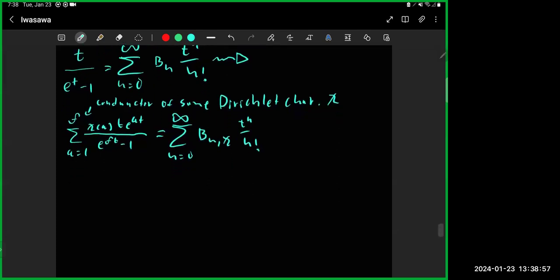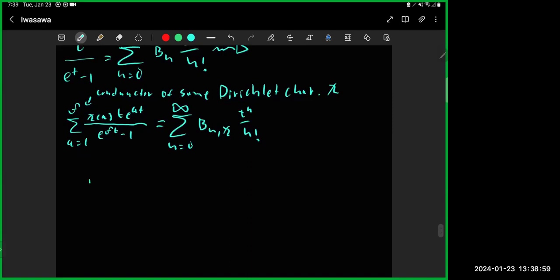So as an example, for n greater or equal to 1 a natural number, we have that the L function evaluated at 1 minus n with respect to some Dirichlet character chi is actually minus Bn chi, the nth generalized Bernoulli number with respect to chi, divided by n.